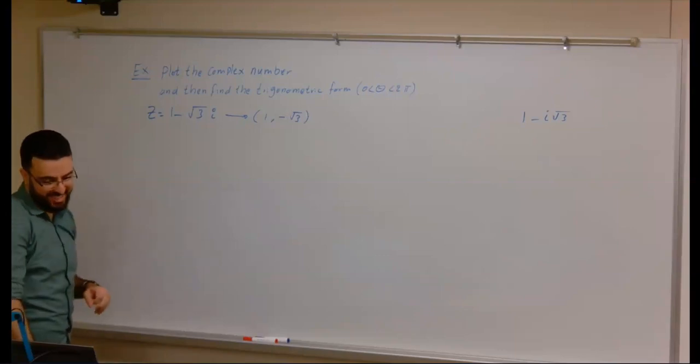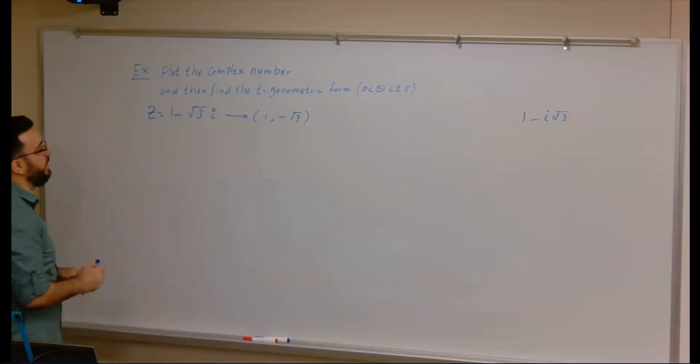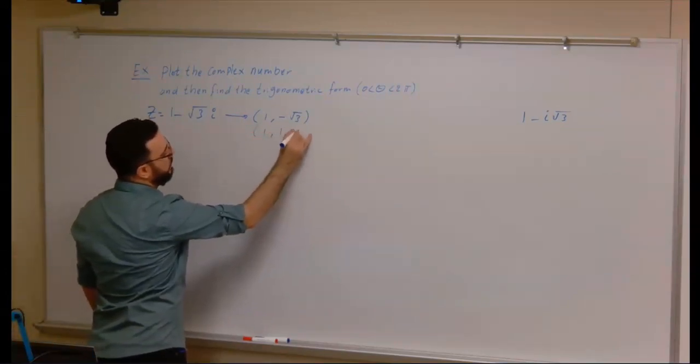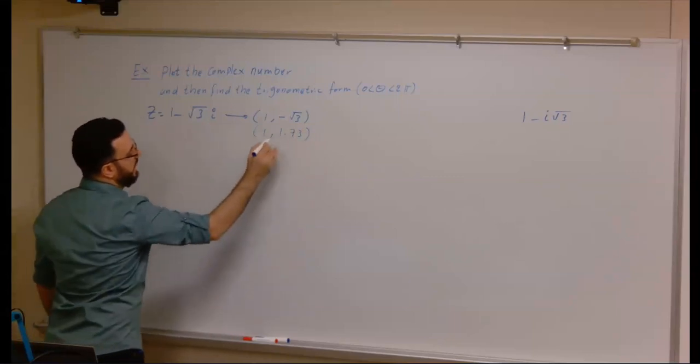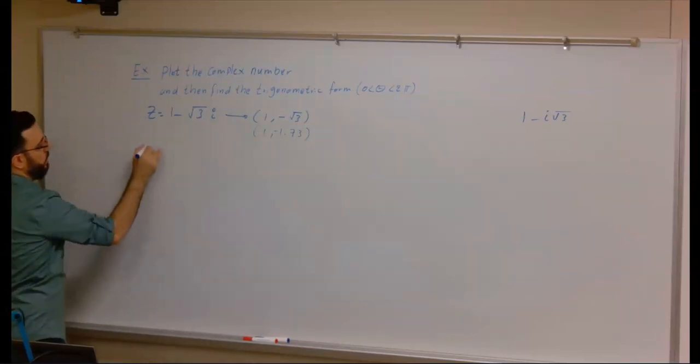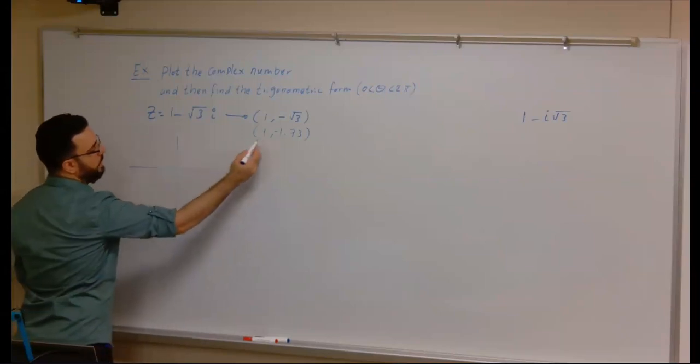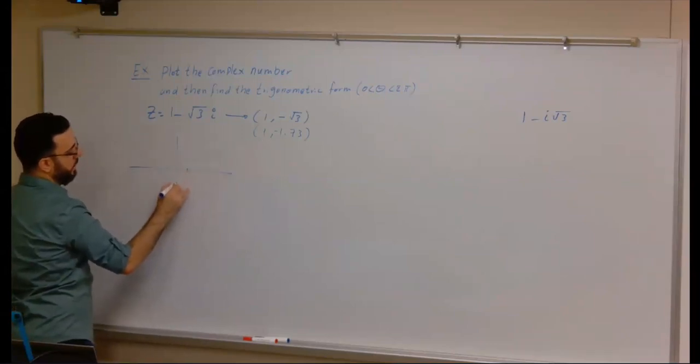Square root of 3 is 1.73. That means you're going to graph negative 1.73. So here's 1, and here's 2, so it's going to be here. So here is our complex number.